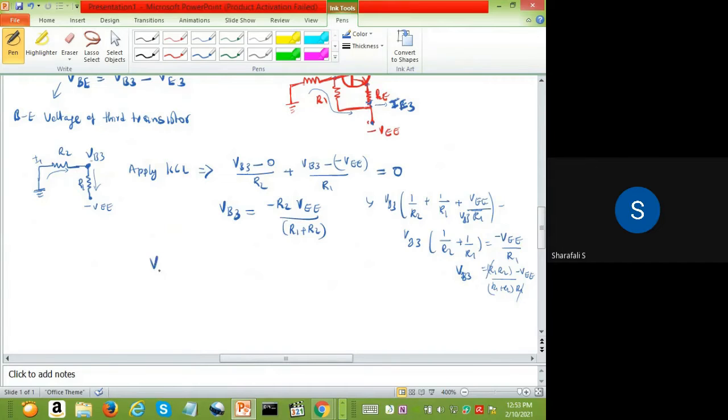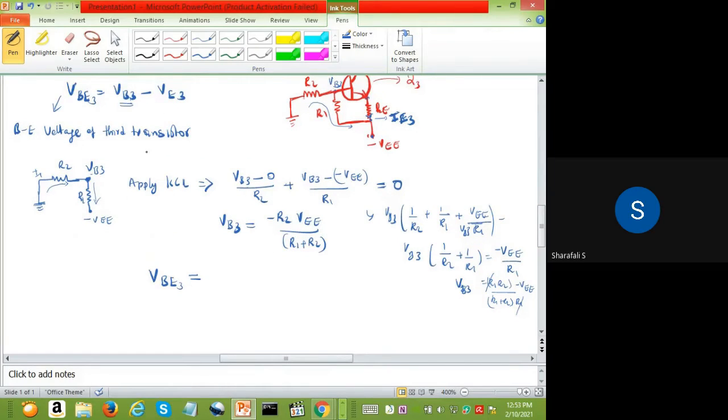So now my VBE3, here also 3, because it is the base emitter voltage of the third one. So I can put here also 3. This will be equal to VB3 from this expression. So VB3 will be minus R2 VEE divided by R1 plus R2 in this expression.